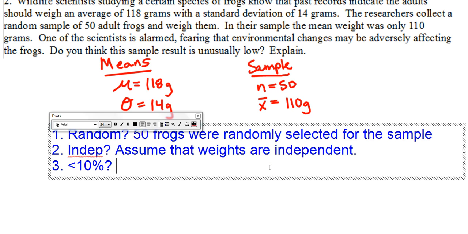Lastly, we need our sample to be less than 10%, and I think it's reasonable to assume that our random sample of 50 frogs of this species is likely less than 10% of the population of this type of frogs.